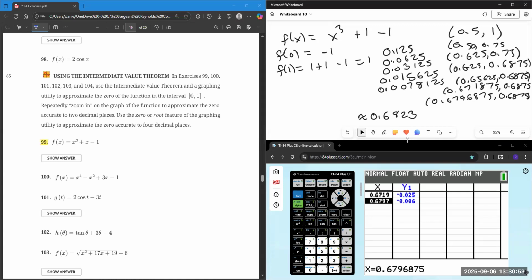So again, almost there. The next difference is 0.00390625.